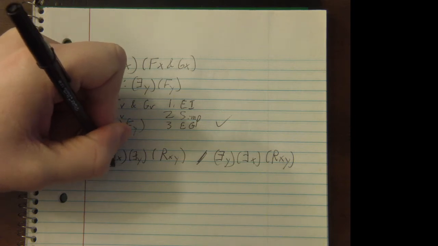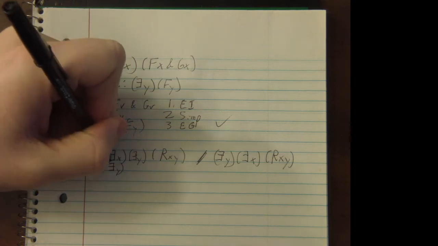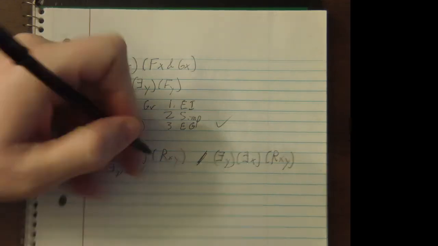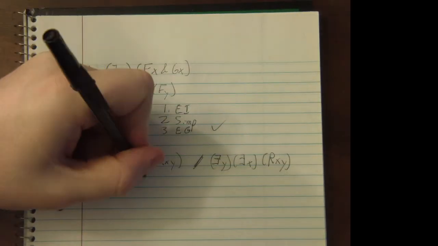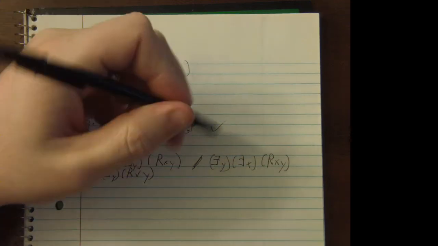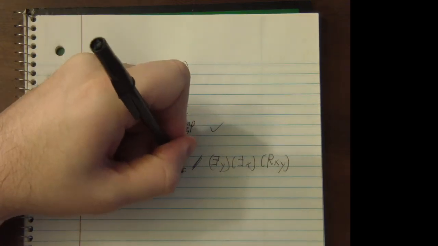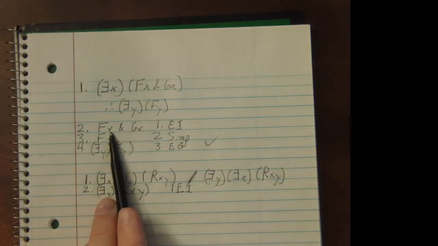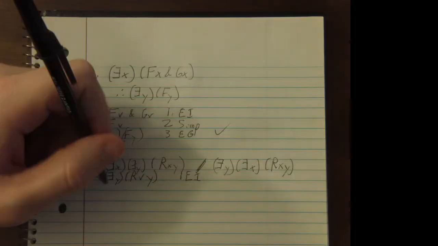So I'm going to take the x off, replace x with a pseudo variable such as v, and leave the y there, and that is line 1, existential instantiation. I'm not going to go through the checks because it's the exact same as this one. But now I have to do it again.